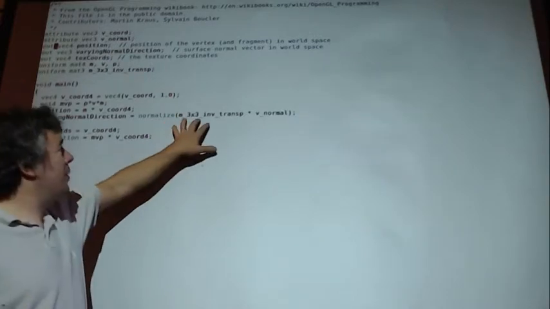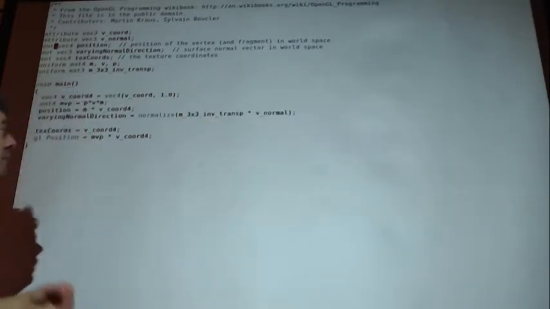Okay, so then we got the varying normal direction. So what we do is we multiply the normal vector there, vNormal, by the 3x3 inverse transpose matrix, which gives us a correct modification of the normals. Now, this stuff is only necessary if we've applied an uneven scale to the model.